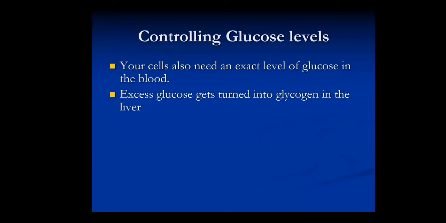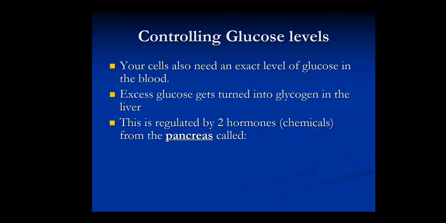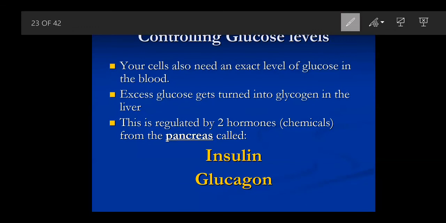So excess glucose must either be converted to glycogen or broken down to produce energy, and even sometimes must be changed to fats in case it is too much. In controlling glucose level, this normally happens under the watch of 2 hormones, which are produced by the pancreas, and the hormones themselves are insulin and glucagon.